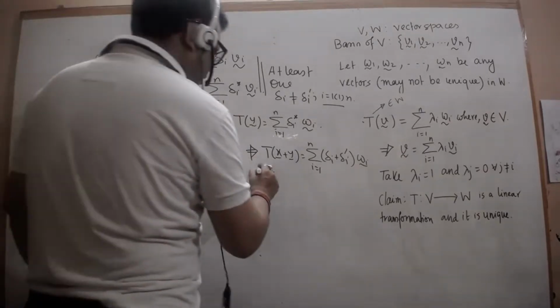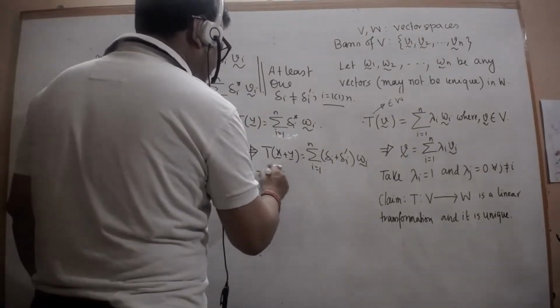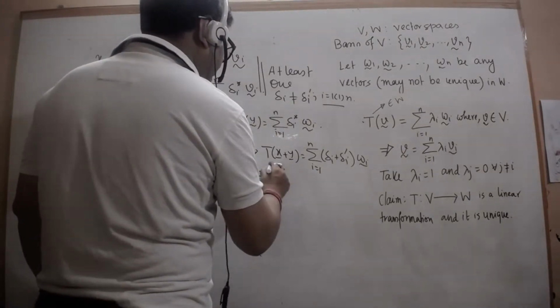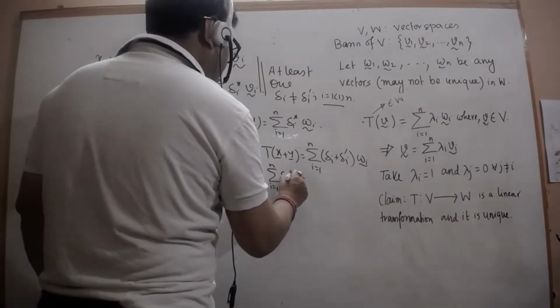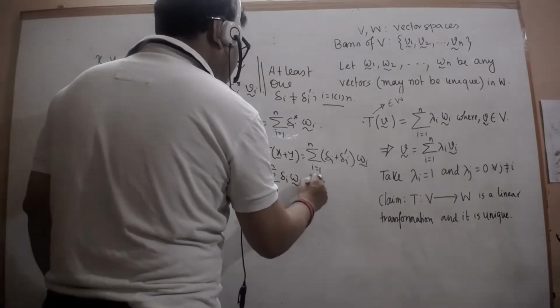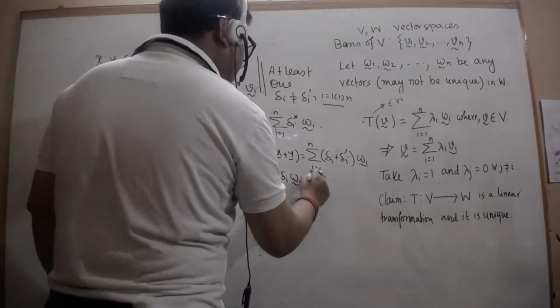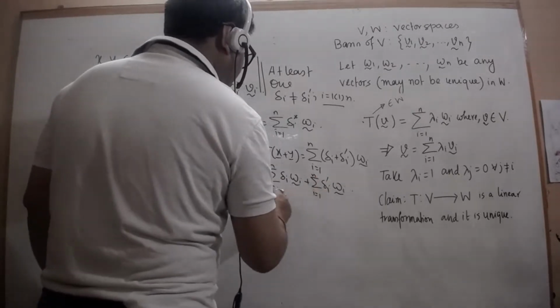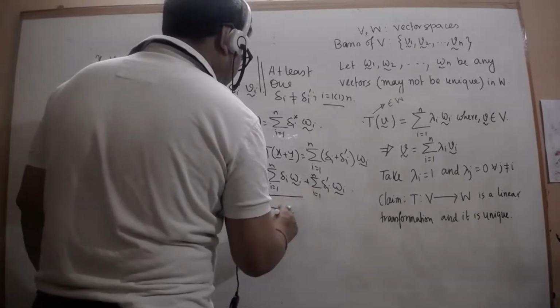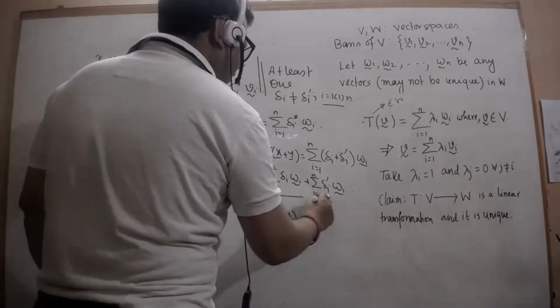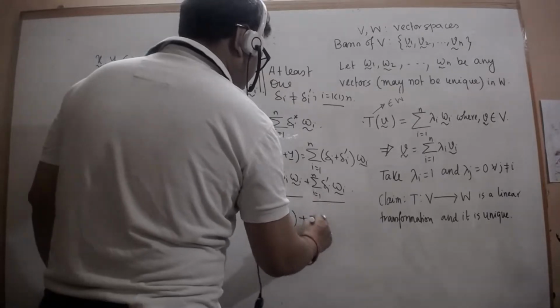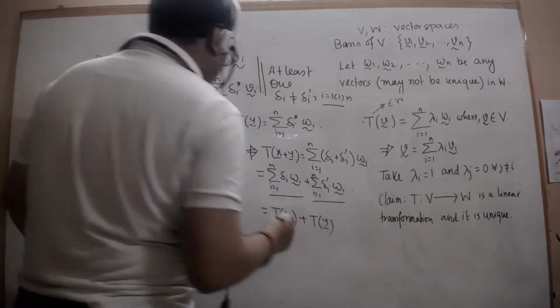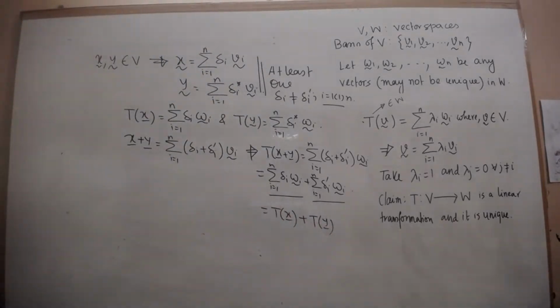So write this as the sum from i equals 1 to n of delta_i w_i curl plus the sum from i equals 1 to n of delta_i dash w_i curl. So this is equal to T(x curl) plus T(y curl). So the first property is satisfied.